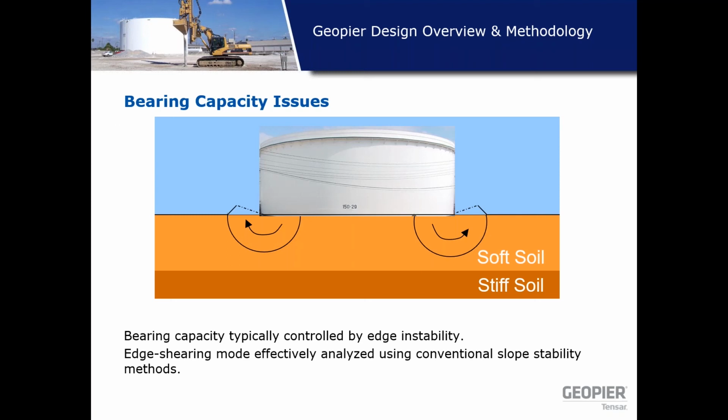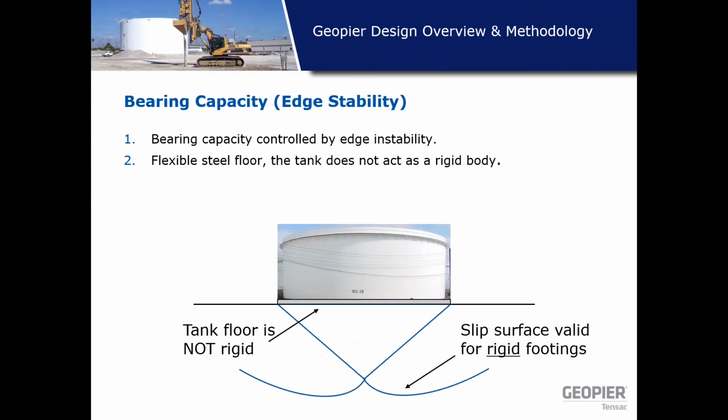And in a minute, we'll talk about how the slope stability is performed using the composite shear strength parameter values. Again, it's showing the tank floor is flexible. So what you see, the slip surfaces, those are for rigid footings.